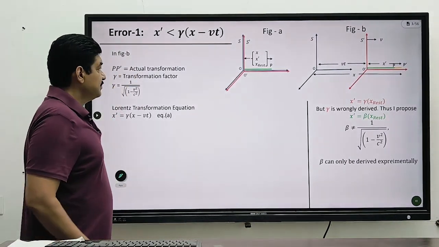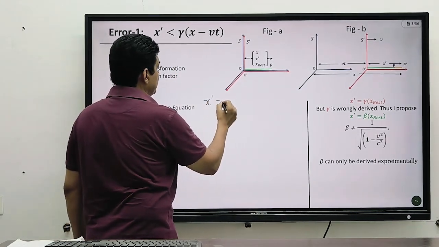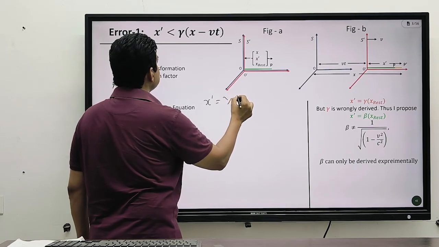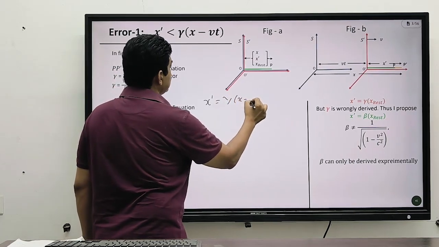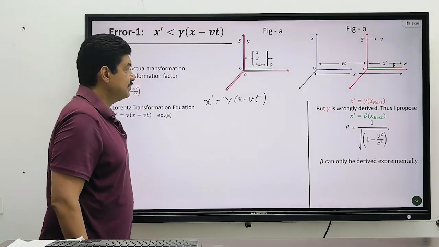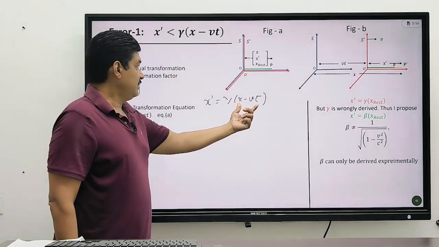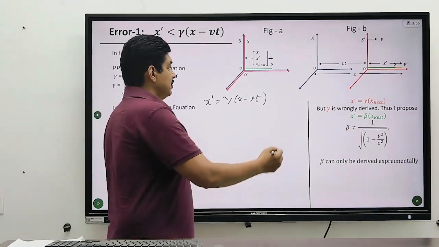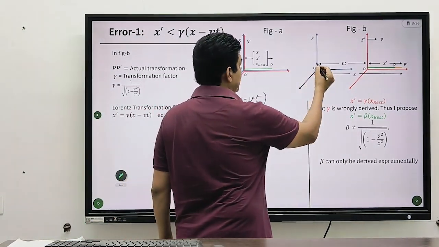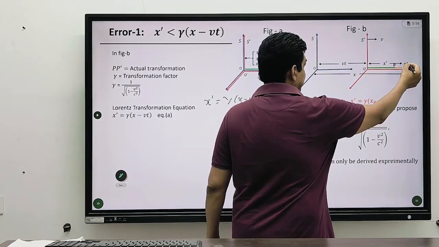The first error: x prime is equal to gamma (x minus vt). This is the equation of Lorentz transformation. Now let us see x minus vt. What is x? x is measured from the stationary frame to the moving frame. This is a point P prime.